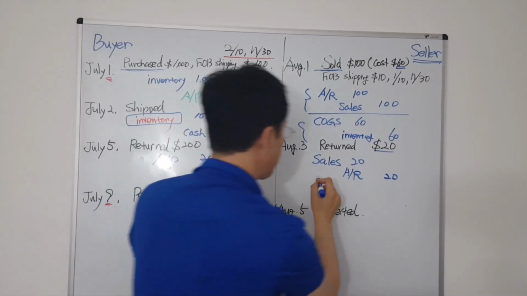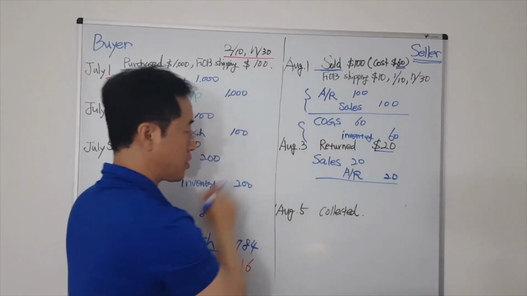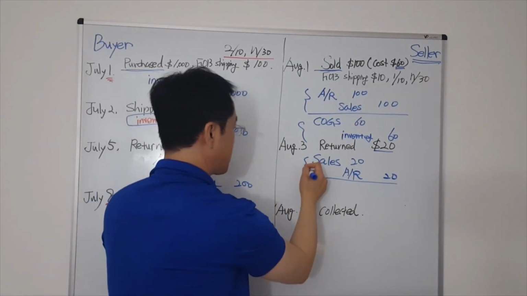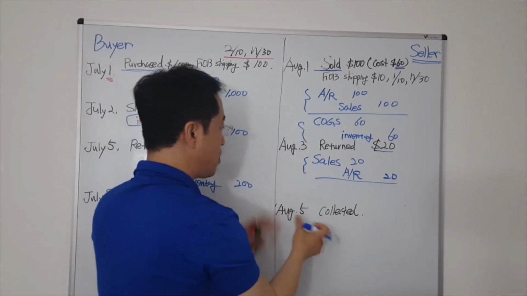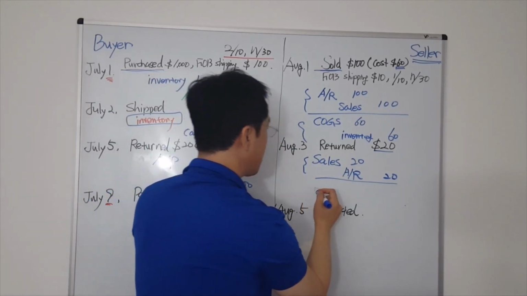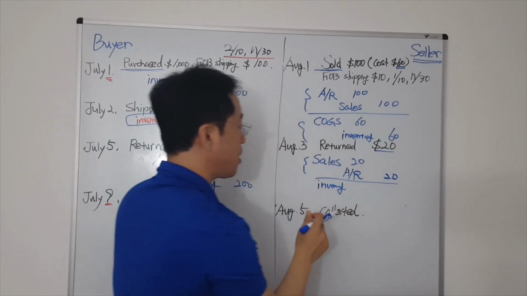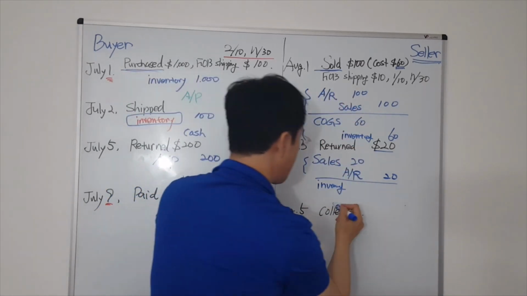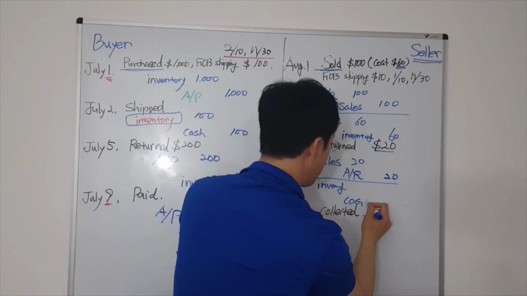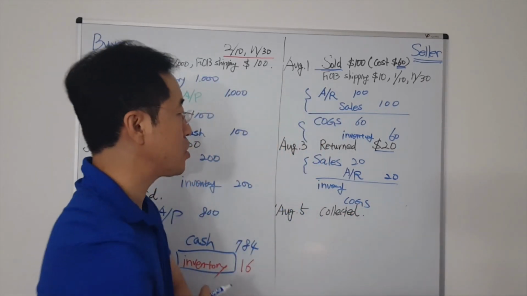That's the reverse entry for the first one. The second one, opposite: inventory increases as we put it back, and cost of goods sold decreases. How much?